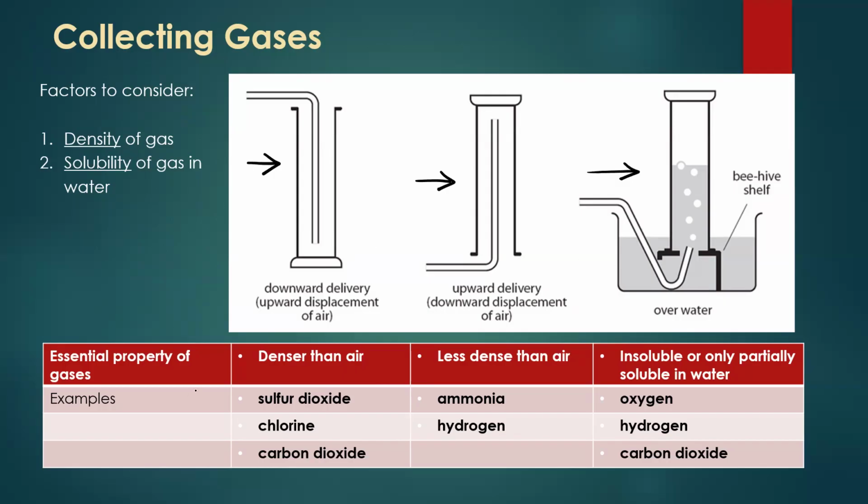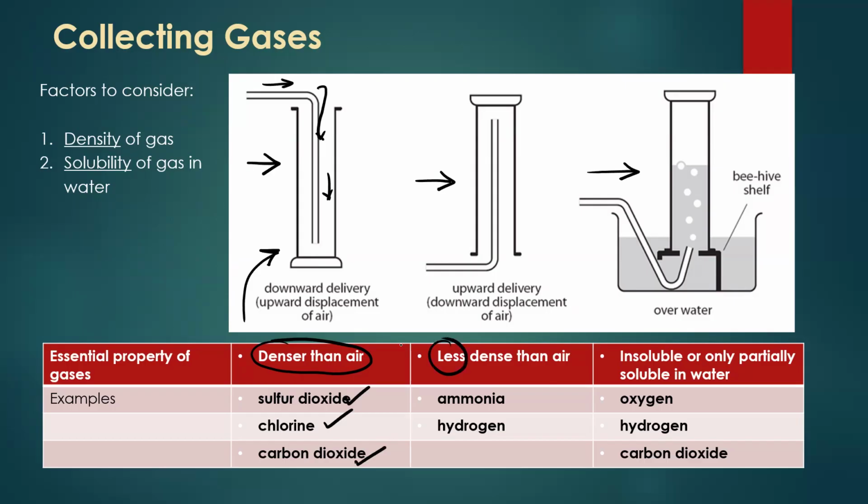For example, if a gas is denser than air, you will use this apparatus which is downward. From the delivery tube, the gas comes down and gets filled up inside. For example, sulfur dioxide, chlorine, and carbon dioxide.